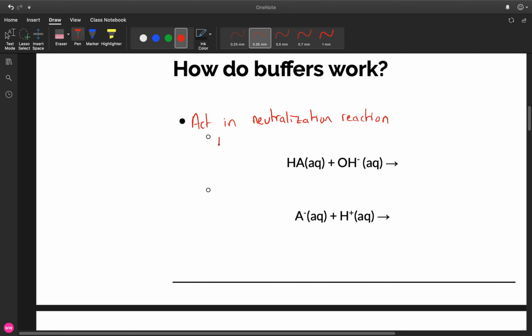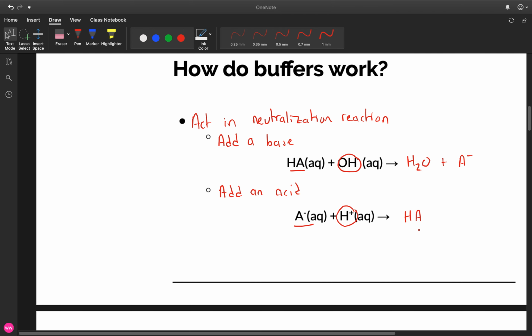If you add a base, the OH- will react with the acid, making liquid water, H2O, and the conjugate anion just stays in solution. And vice versa, if we add an acid, the hydrogen ion will react with the conjugate base in solution, reforming the weak acid itself.